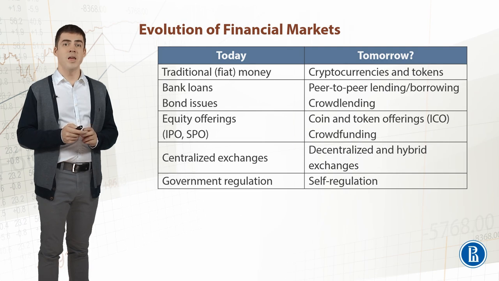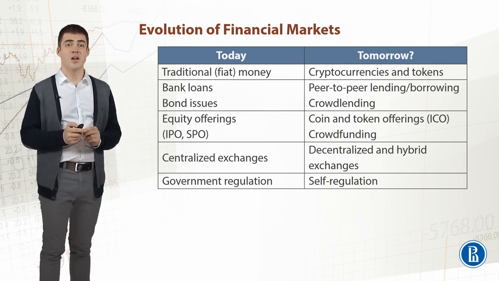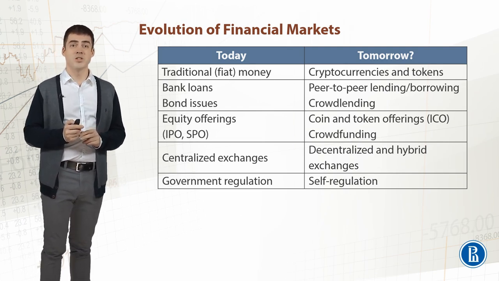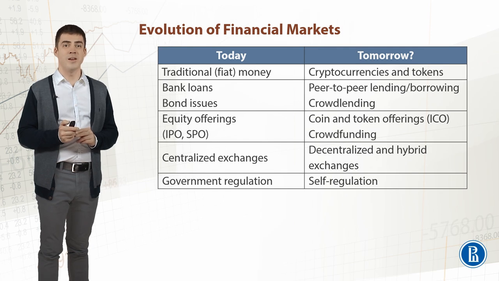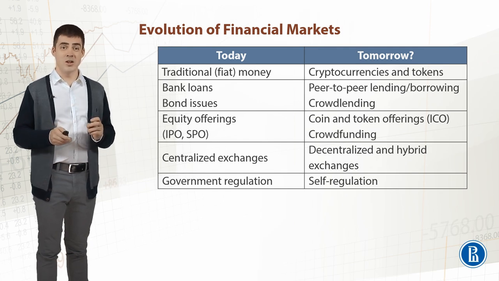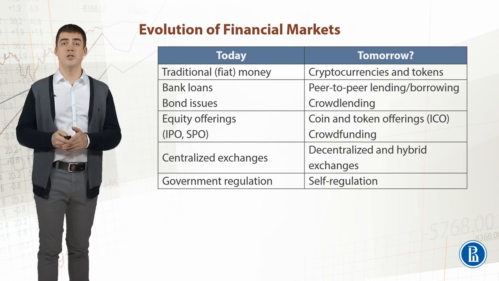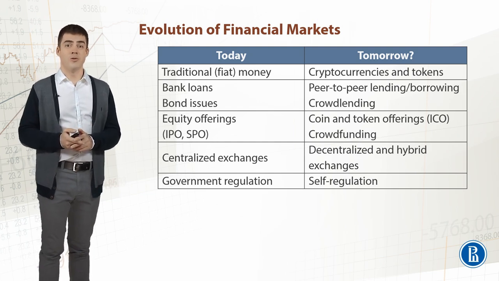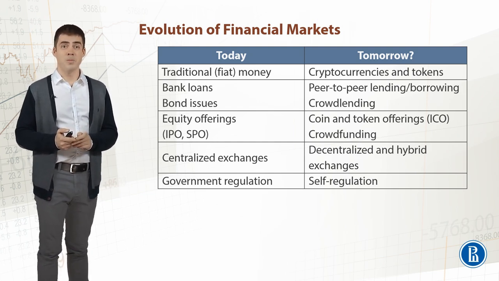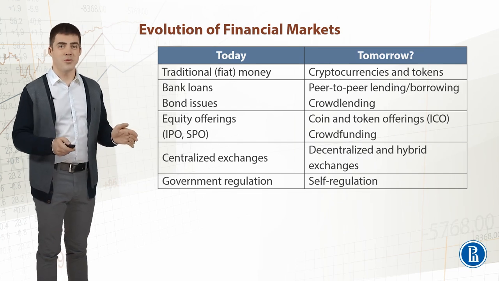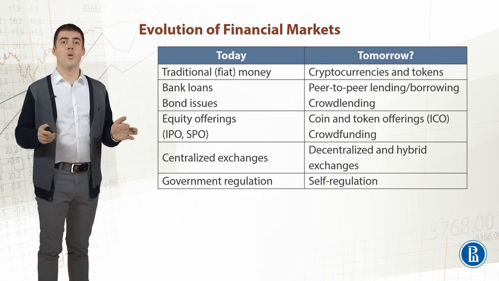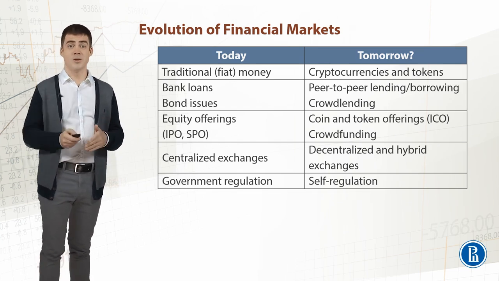That's why many experts in finance keep wondering what is going to happen at the financial market in the coming years in terms of technologies and institutional structure. For example, 10 years from now, will we have the same financial market institutions or will it be completely different?